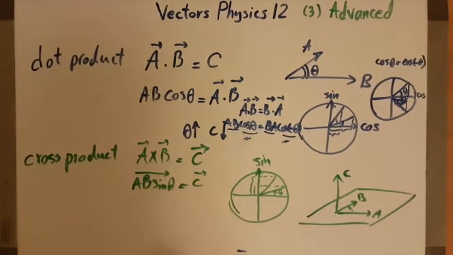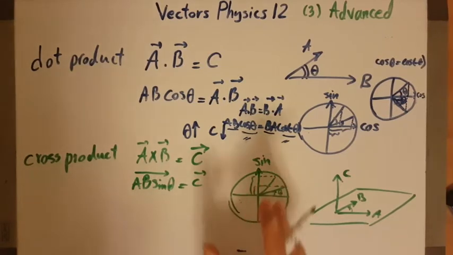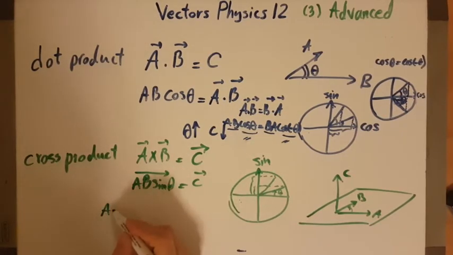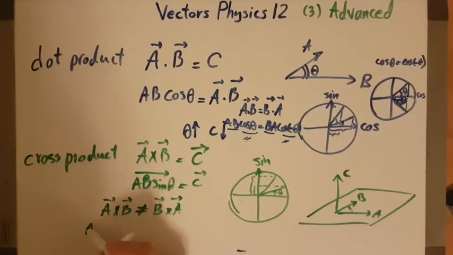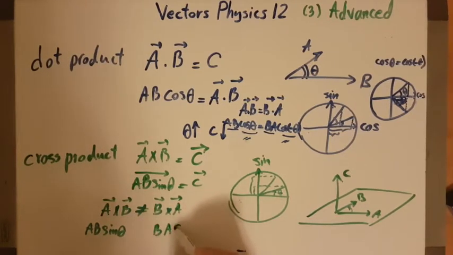Now look at this other one. In this case, such a thing doesn't exist, because A times B does not equal B times A. Why? Here you have AB sine theta, and here you have BA sine of negative theta. These two are not equal.